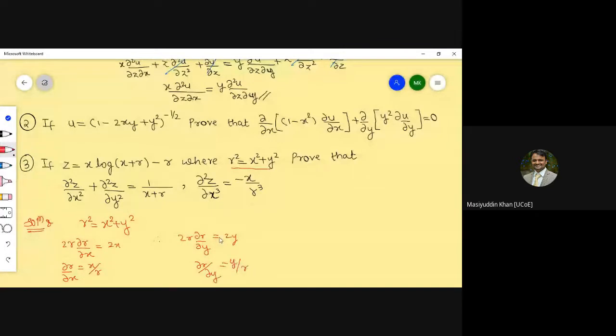So please remember this thing, for r square is clearly given x square plus y square.